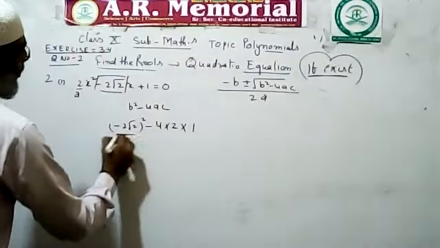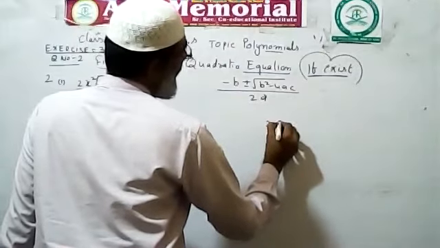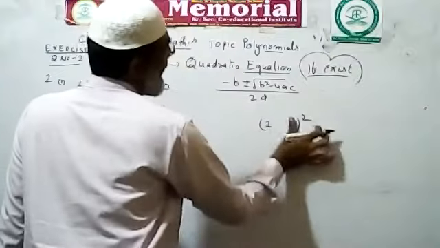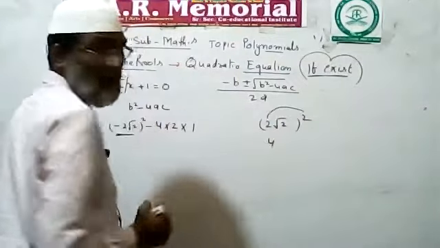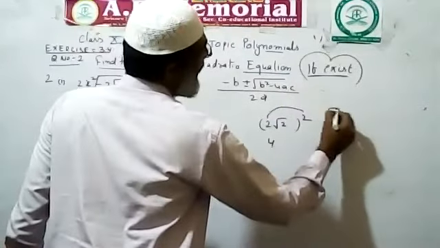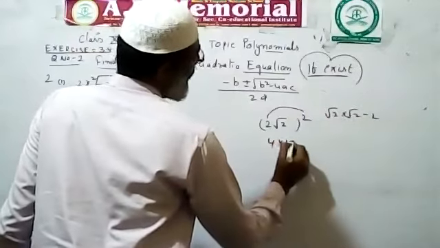Now I want to solve this. Look, 2 into root 2 and again this is squared. So square of 2 is 4. Square of 2 is 4 and square of root 2 into root 2, the answer is 2. Again 2, so total is 8.